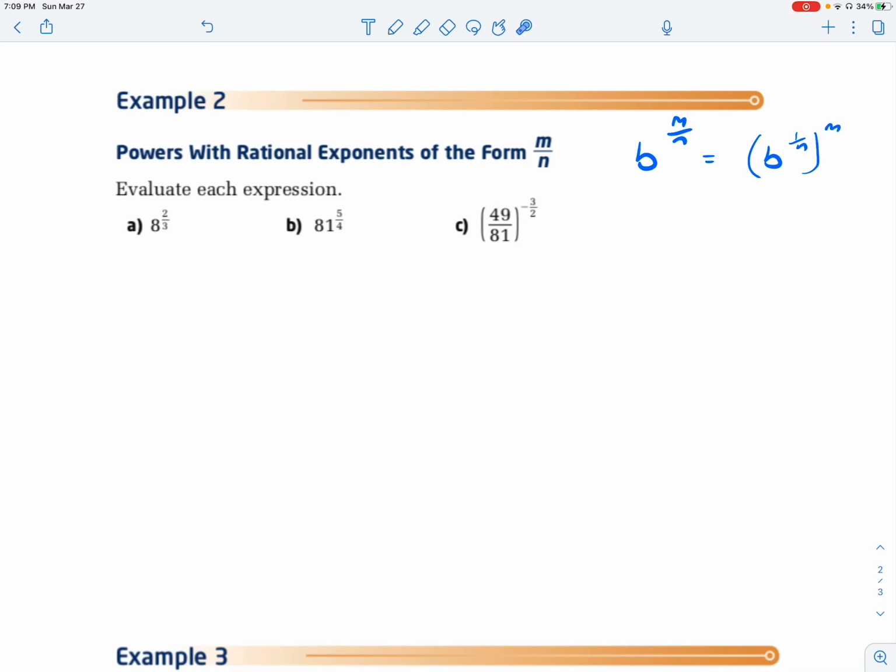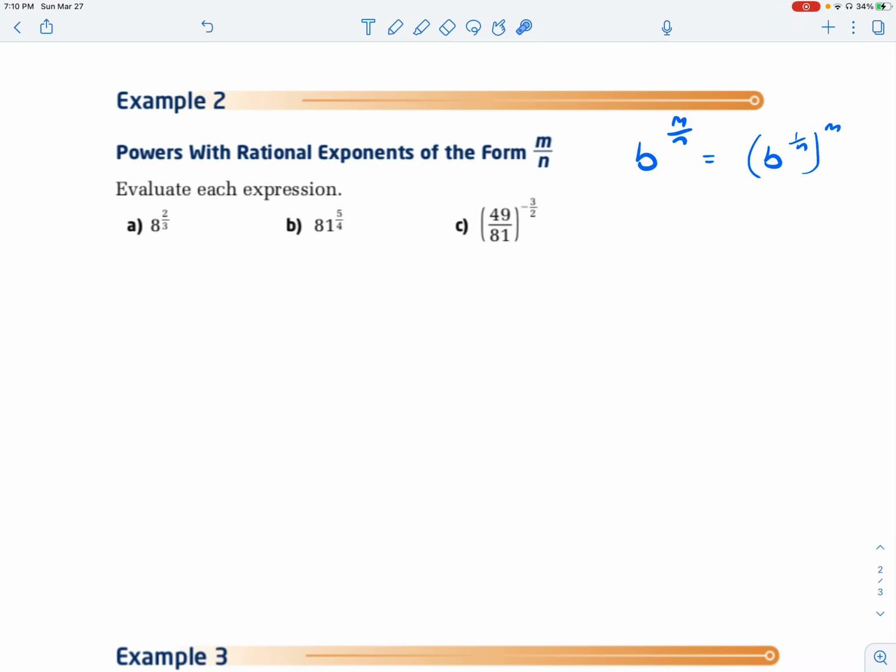Notice how I'm doing the power rule for exponents. A power raised to another exponent, we multiply the exponents together, and that gives us b to the m over n. So it's like I split this up as 1 over n times m. That way when I multiply these, I get the same thing.